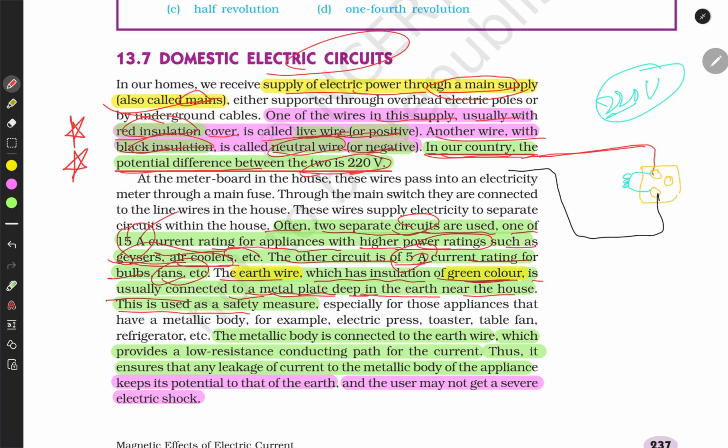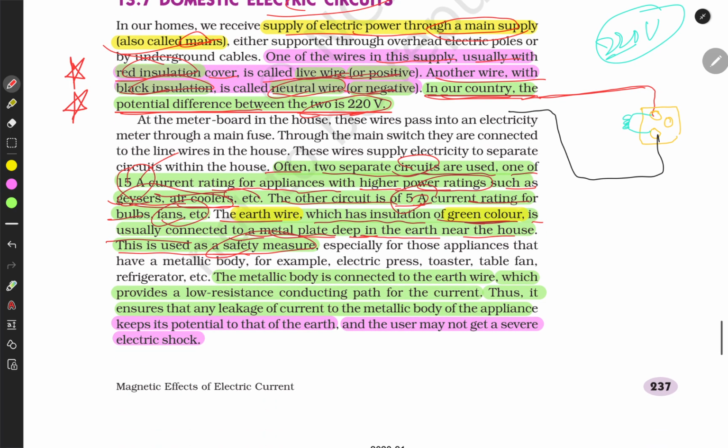It is used to save. It is used as a safety measure, especially for those appliances that have a metallic body, for example, electric press, toaster, these things.